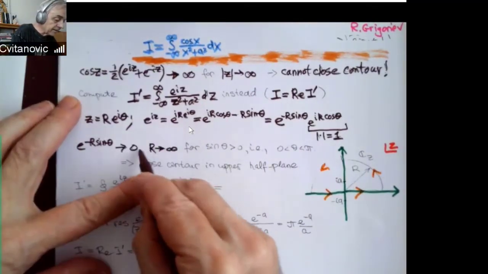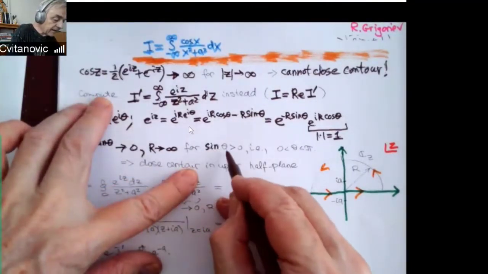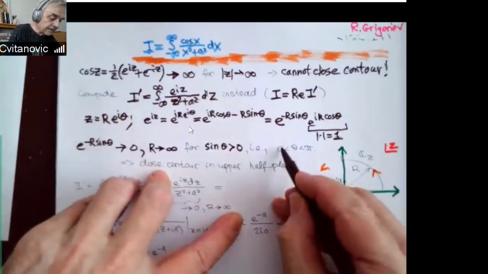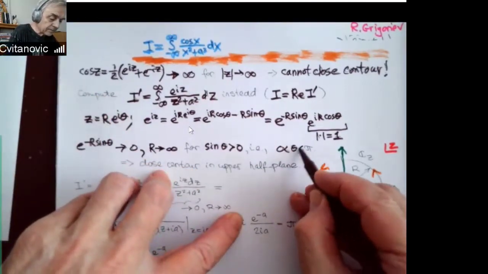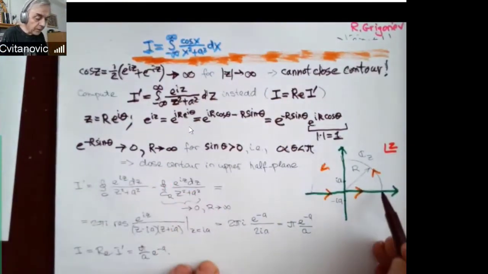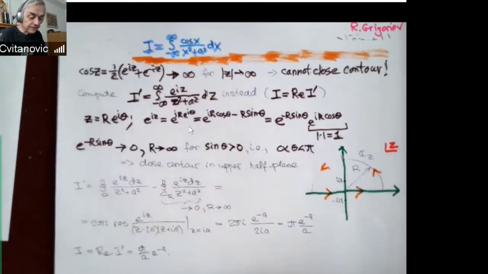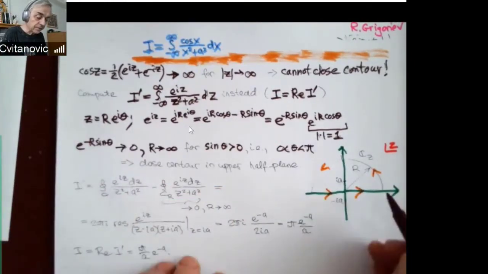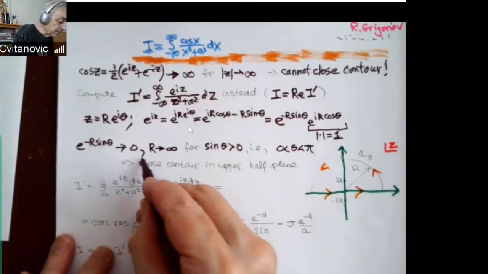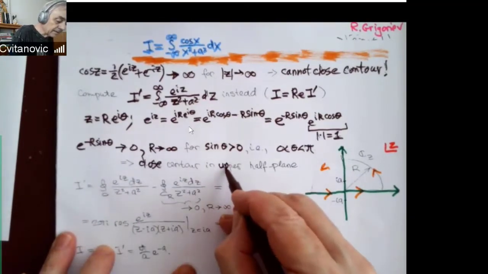I mean, this dies if r goes to infinity and sine theta is larger than 0, in other words, for theta between 0 and pi. And now, the endpoints, it's of order 1 with infinitesimal regime, so they don't produce any singularities or anything. So now we can close the contour in the upper half plane.